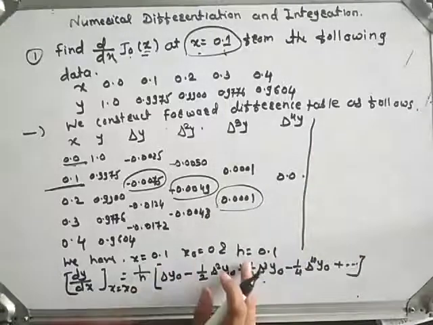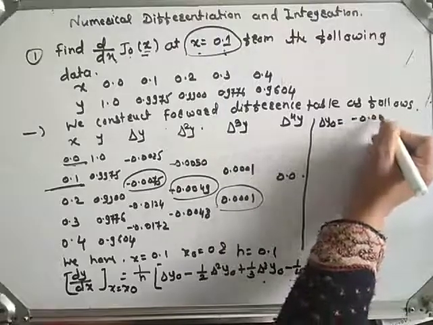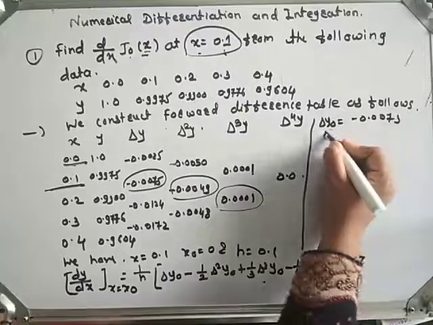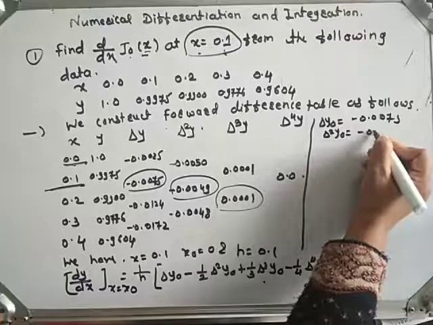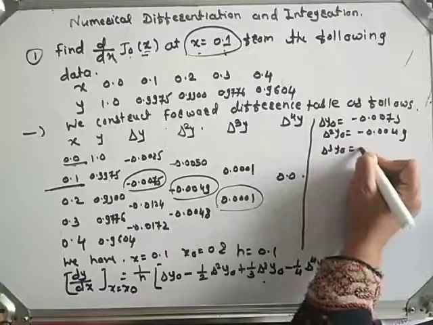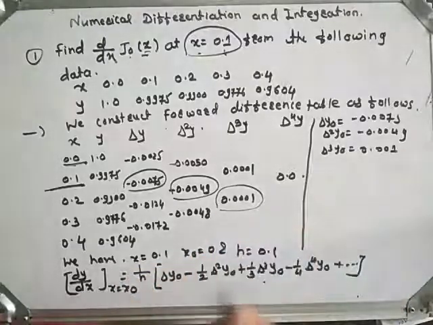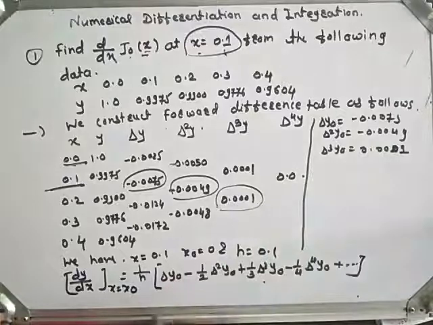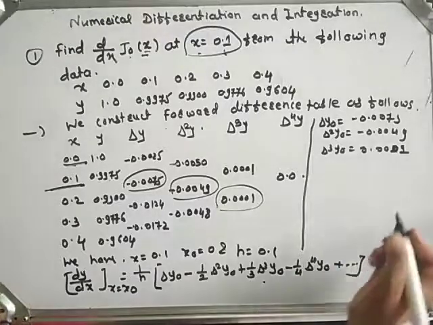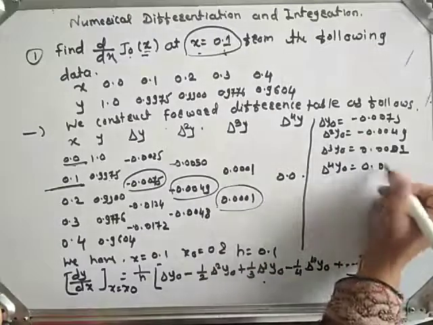Here you get h equals 0.1, delta y0 equals minus 0.0075, delta square y0 equals minus 0.0049, delta cube y0 equals 0.001, and delta raised to 4 y0 is obviously 0.0.